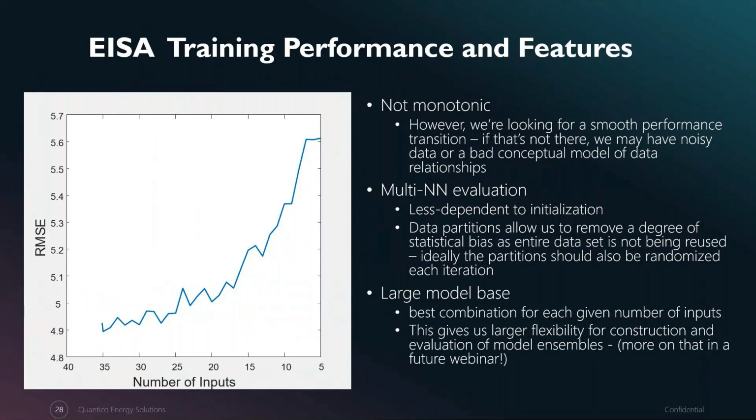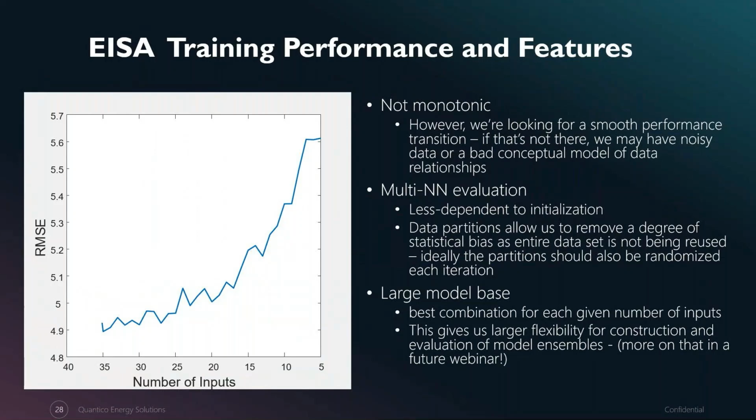This performance is not monotonic, although we would like it to be as close to monotonic as possible. What we're looking for is a smooth performance transition from a really low error to a really high error. If we see the performance jumping up and down a lot, we have to really look into whether or not the data is good enough quality or if we're missing something else in the equation.